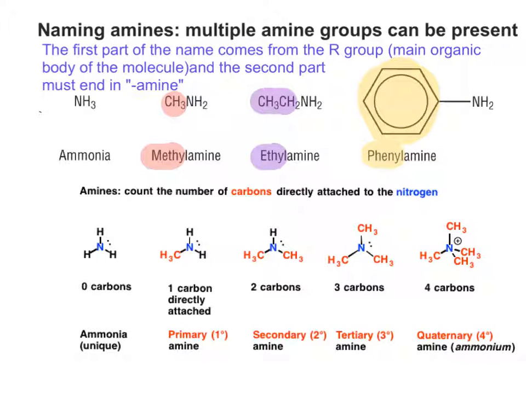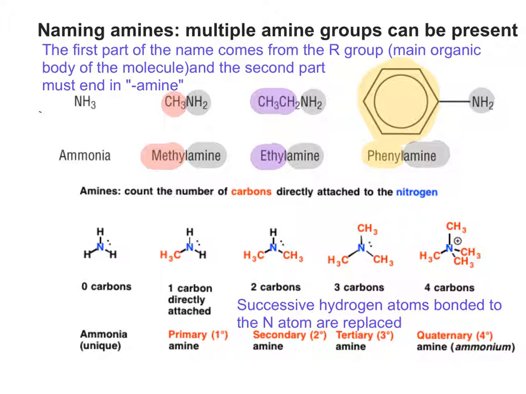In each case, the amine part itself obviously comes from the NH2. And as we go from primary to secondary to tertiary to quaternary amines, successive hydrogen atoms bonded to the nitrogen atom are replaced.